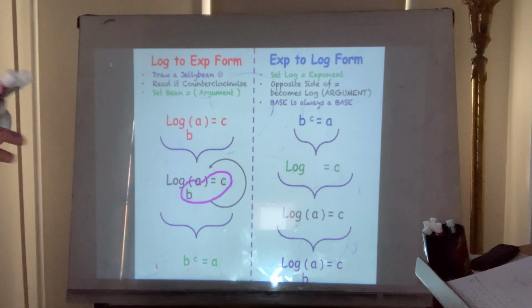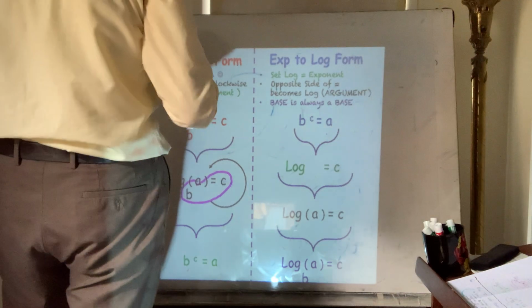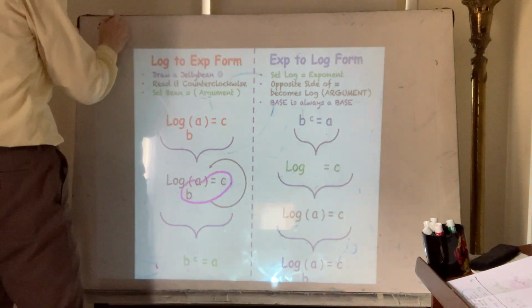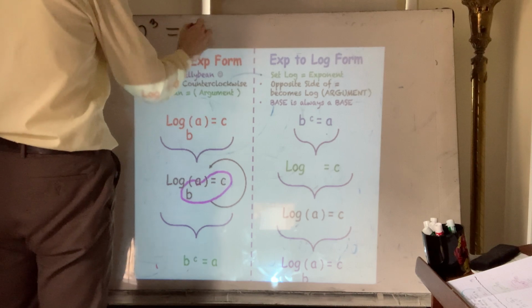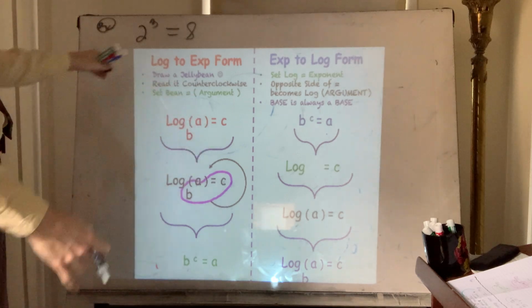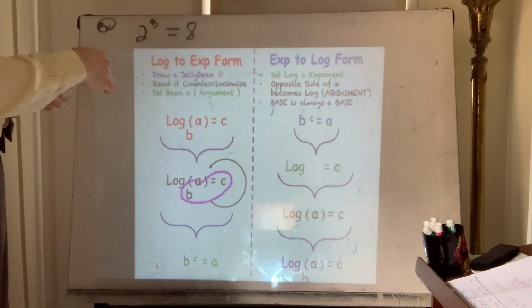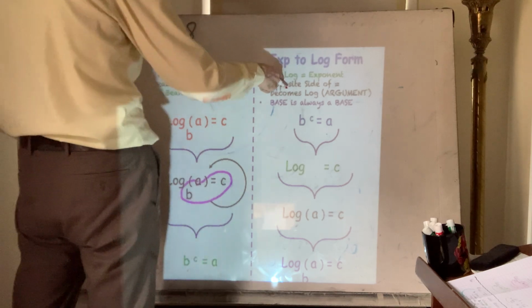Let's do a couple of examples. Suppose you had 2 to the third equals 8. Very clearly, this is of the exponential form. If you want to write this in logarithmic form, start with writing the word log.